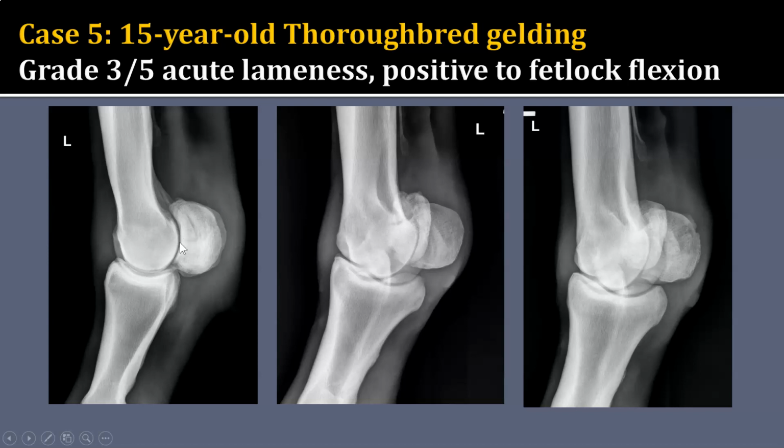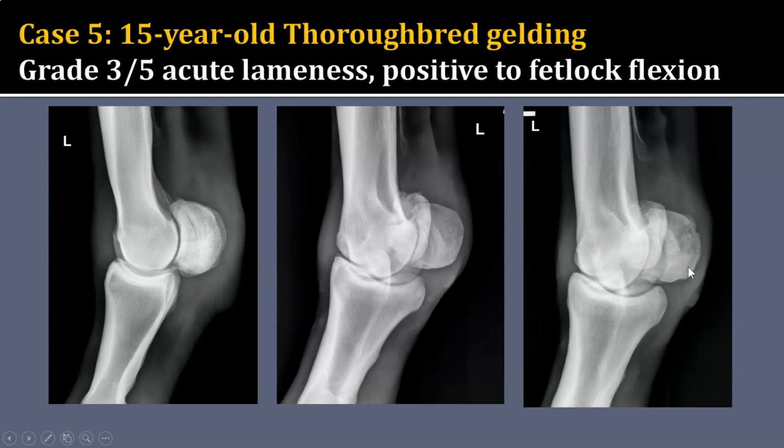There's an odd appearance to the region of the proximal sesamoids that we're going to have to look at again. And when I look at my 2 oblique views, it looks like the proximal sesamoid over here, which based on our labeling is going to be our medial one, has some lucent zone associated with it, as well as some proliferative remodeling change along that abaxial aspect.